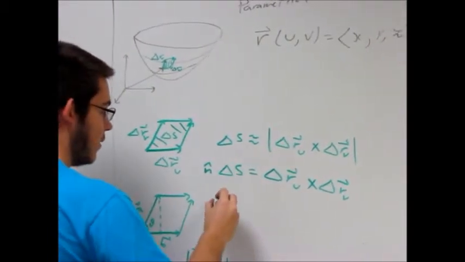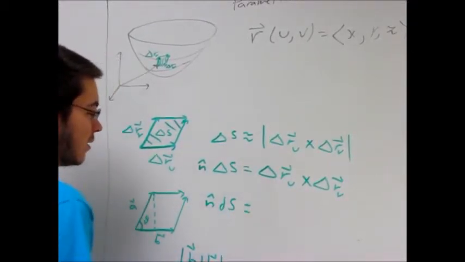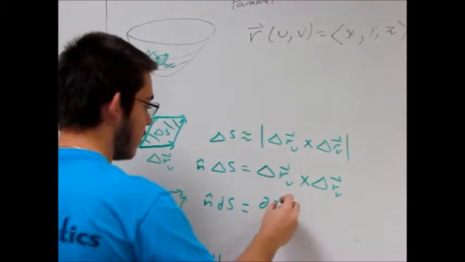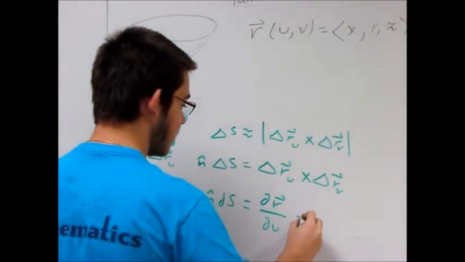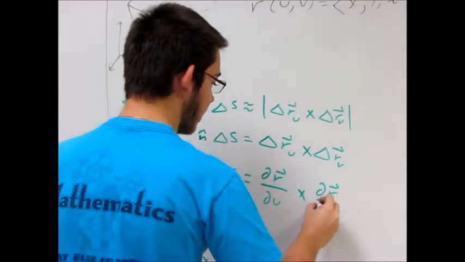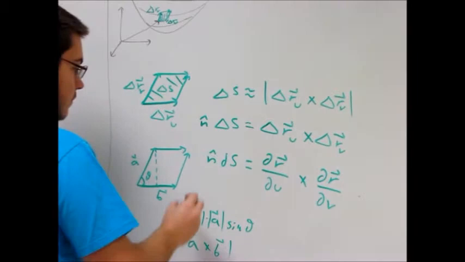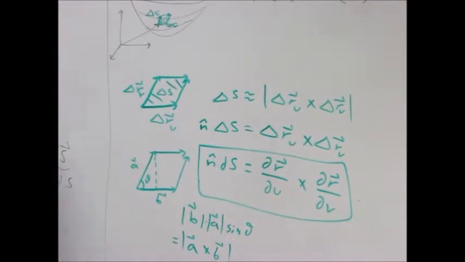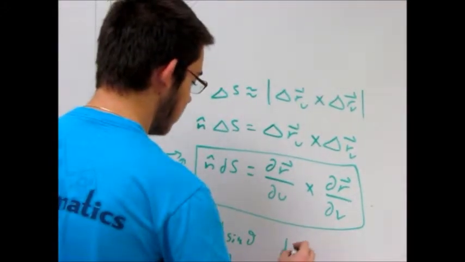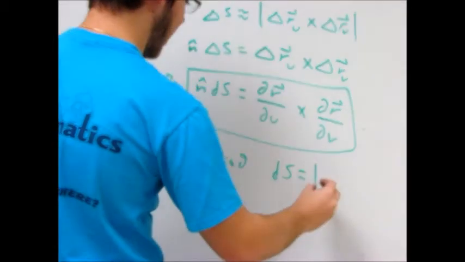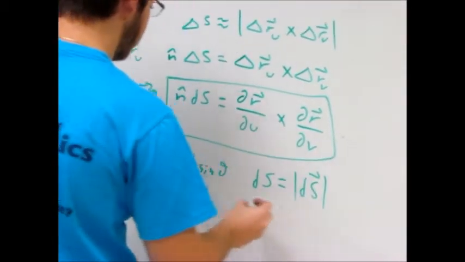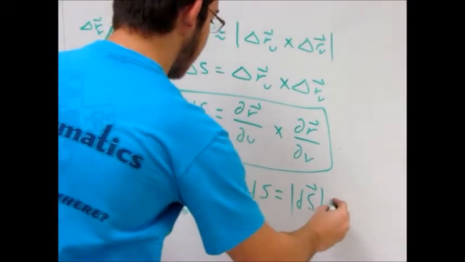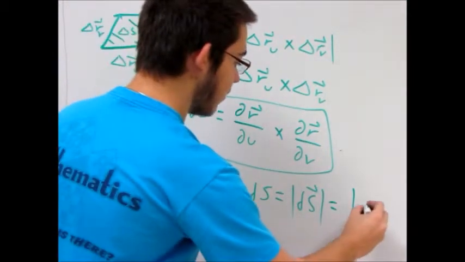We have n dS equal to, well, the change in r with respect to u is just the partial derivative of r with respect to u, cross product with the partial derivative with respect to v. This is in general how you find n dS, and of course the magnitude of the vector dS is the same thing as dS. So that would just be the magnitude of the cross product.